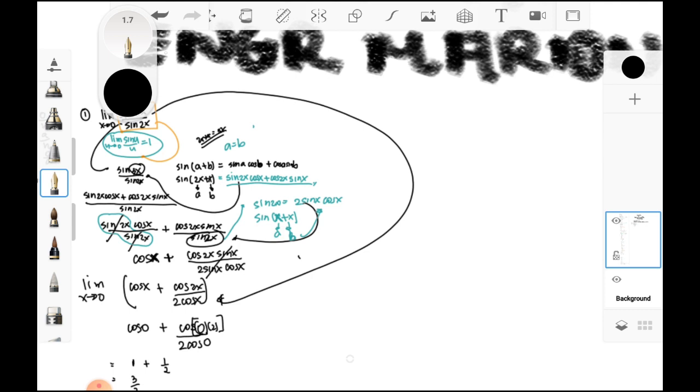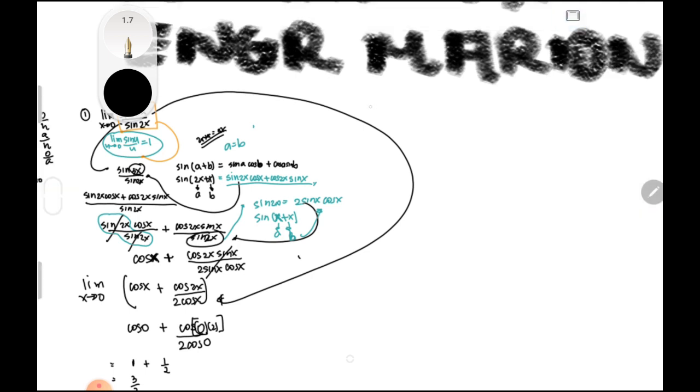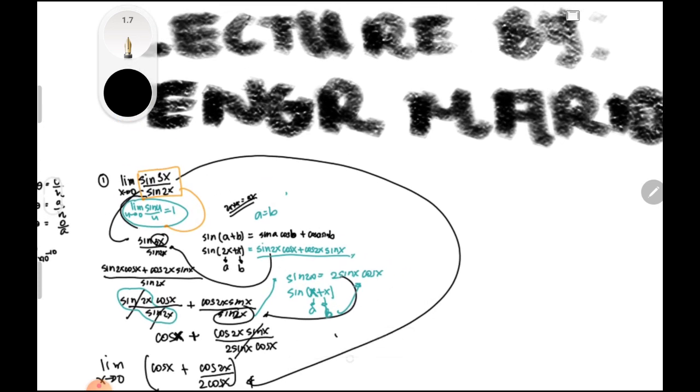The second solution is by applying this theorem. Take note that u is any value of ax, where u is equal to nx, x is any variable, and n is any constant.